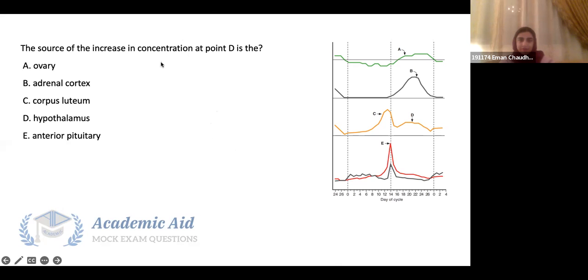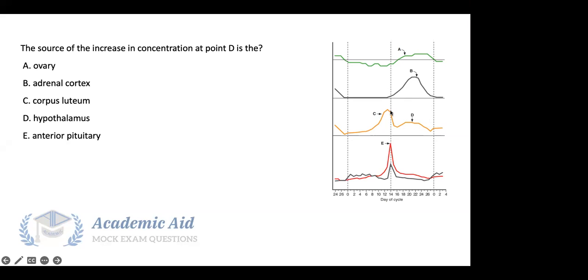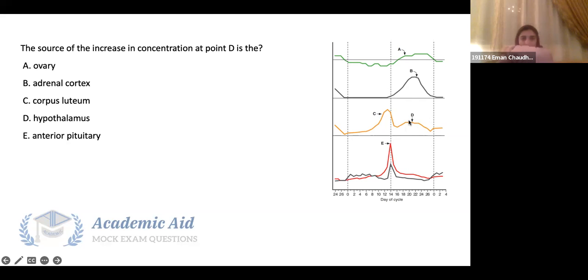All right, okay. So you guys are answering already in the chat. I'll read it out loud. The source of the increase in concentration at point D, over here. Can somebody first tell me, before we answer, what is this hormone over here? What is this line? Estrogen. Good, it's estrogen.